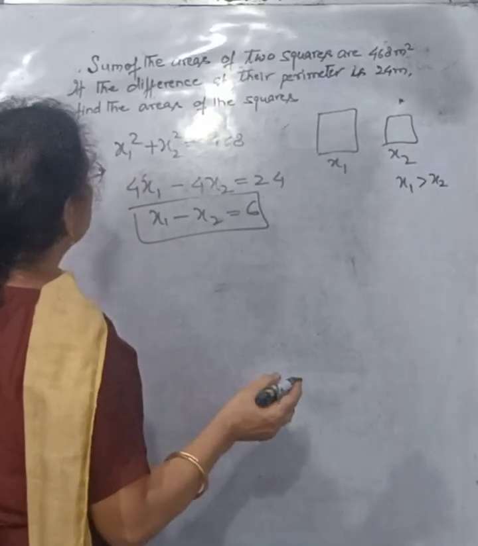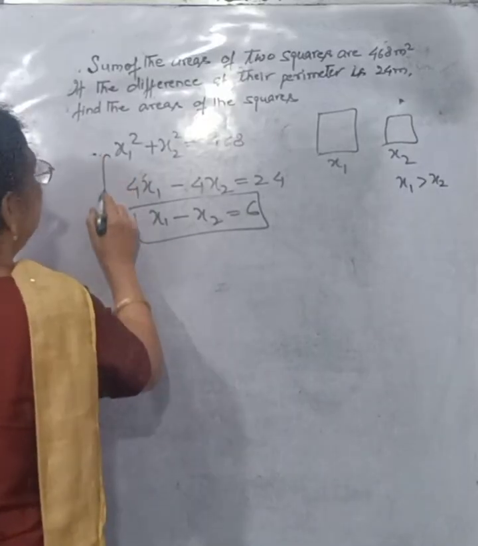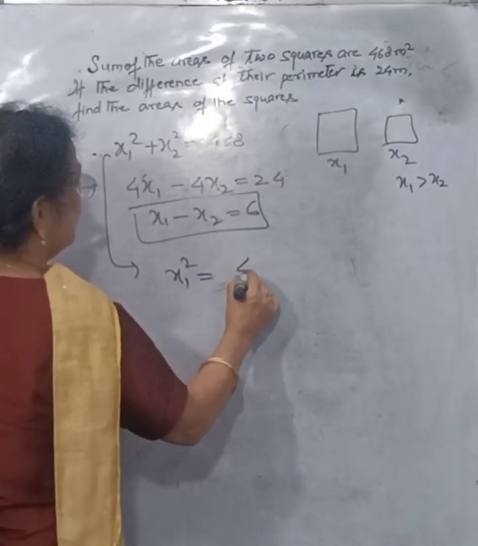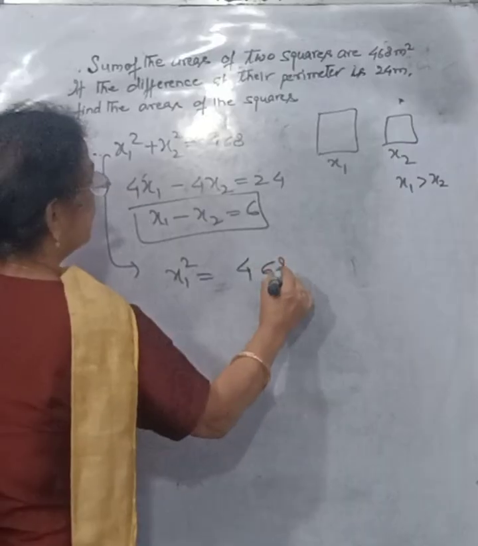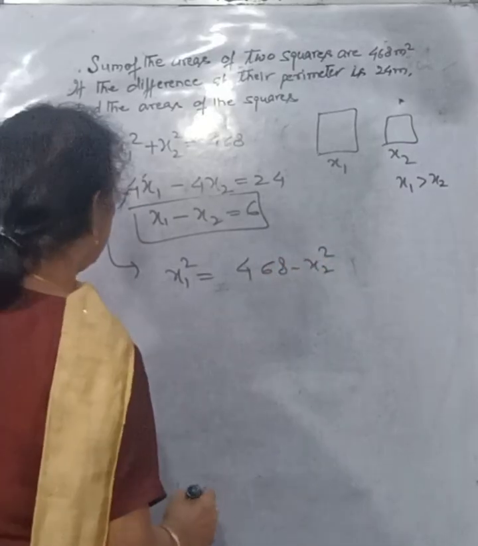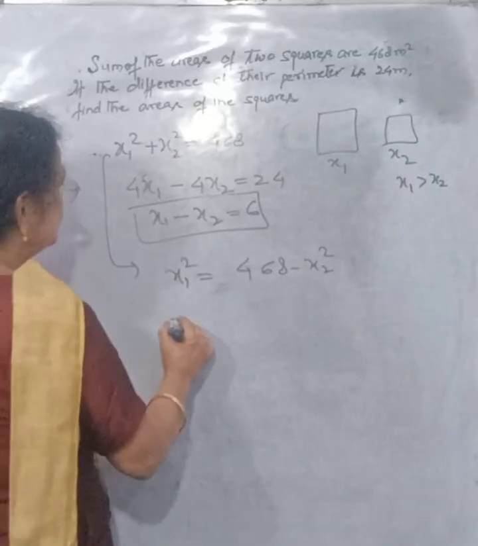Now we have to find x1 and x2. In this equation we can write x1 square as 468 minus x2 square. Now x1 is equal to what?